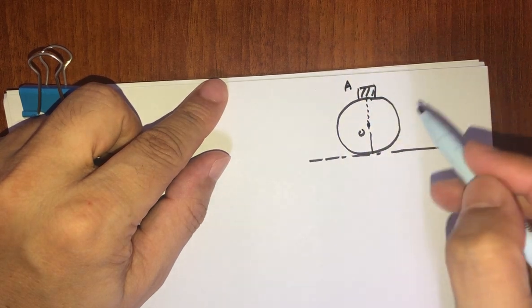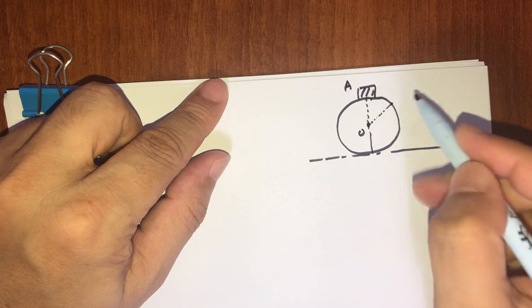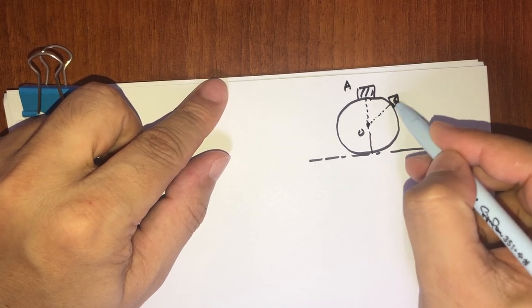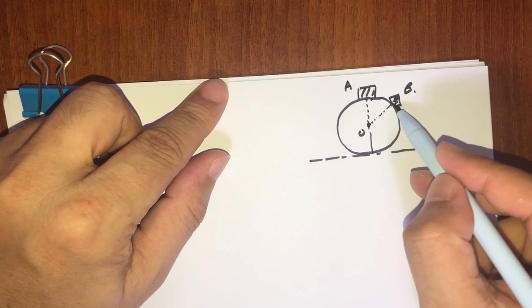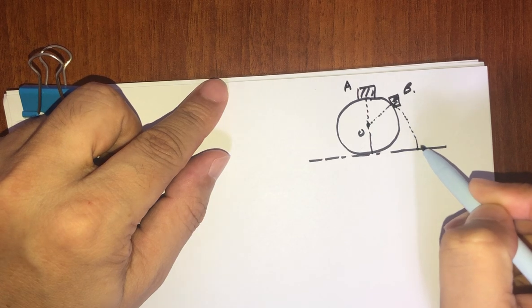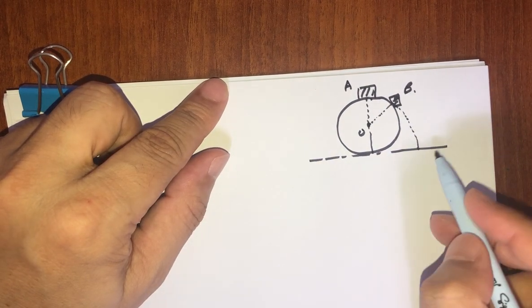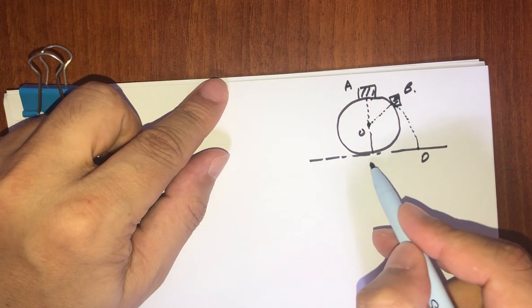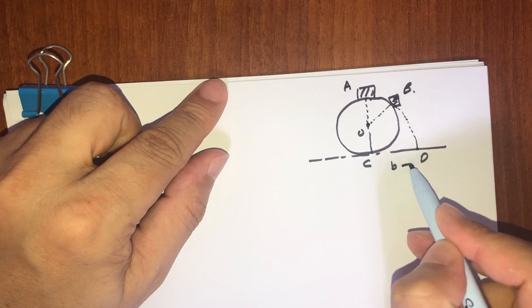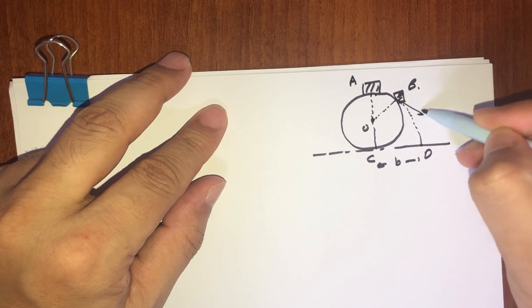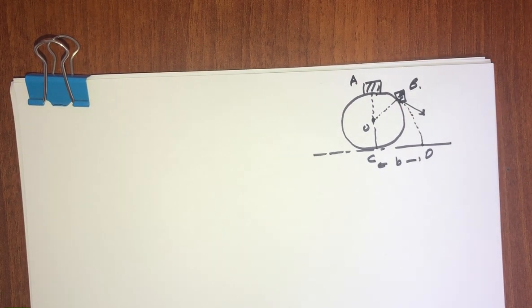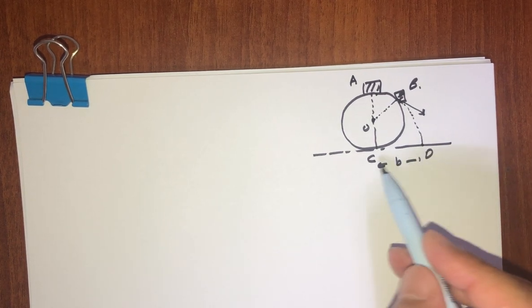Let us suppose it is called A, and this is the position of the block B. From this position B, it launches something like this and strikes the plane at point D, and let us call this C. So this is the distance b which is given, and this will be the velocity. So this is the figure given in the question. We are going to find out this distance b, that is CD.